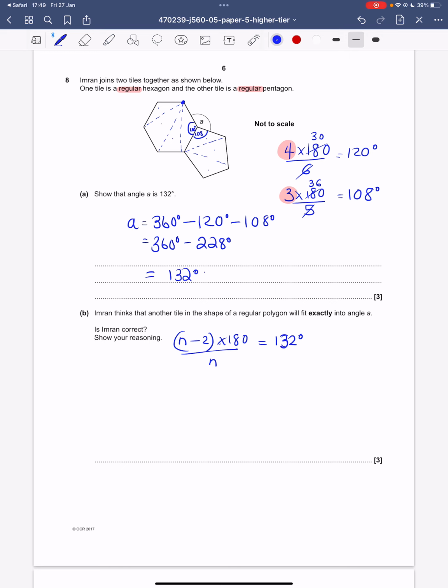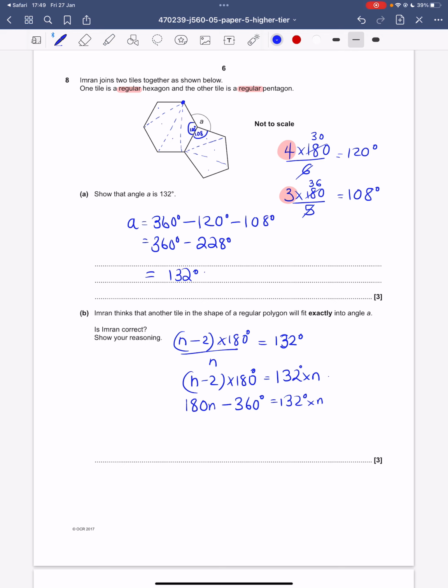Okay, so what we can do, multiply both sides by n. Minus 2 times 180 is 132 times n. Expand the left hand side: 180n minus 360 is 132 degrees times n.